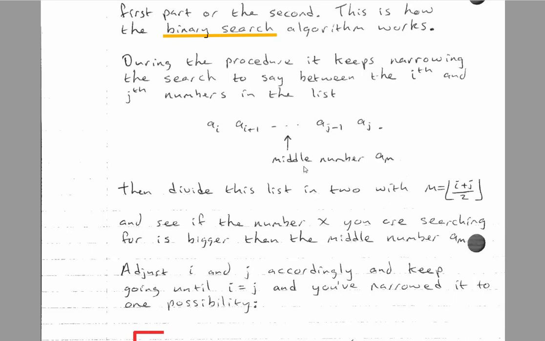There's one issue here. What is the middle number? What's the middle index, m? Well, if you have an odd number or an even number of numbers in the list, there might not be an actual middle number, but if we take the average of i and j, so i plus j over 2, and then if you remember the floor function, we want the greatest integer that's less than or equal to this number, since this could be a fraction.